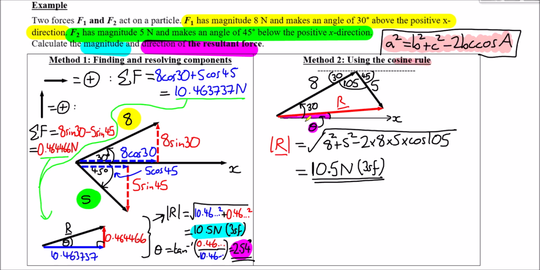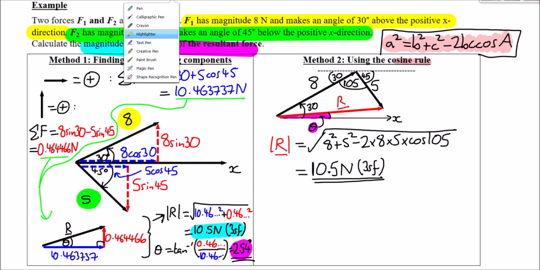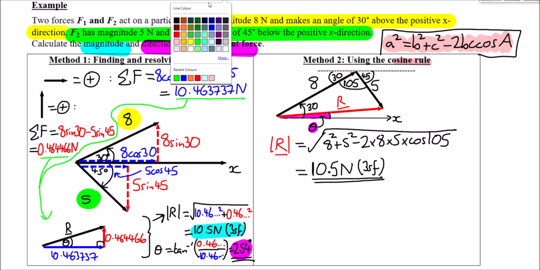And so in terms of this triangle, from R up to 8 isn't the full 30. This triangle here is actually just going to be a tiny bit less. This angle in the triangle, let's go for this colour here.